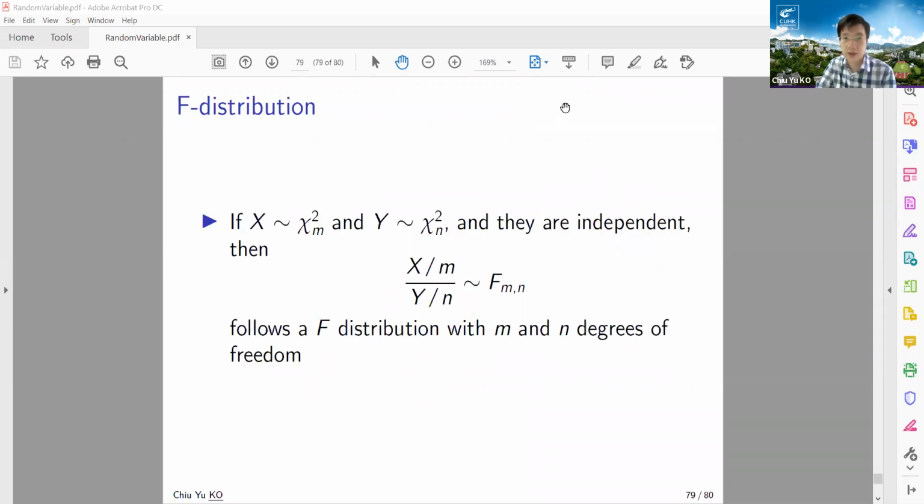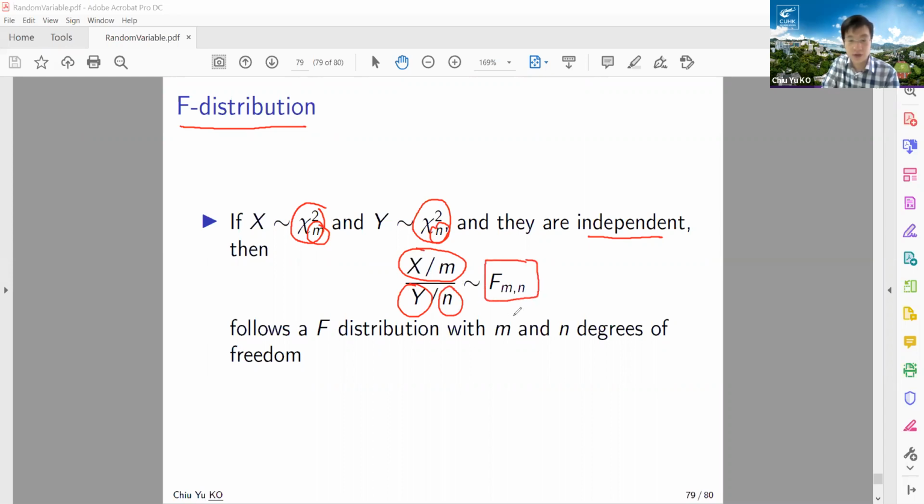And the last one, which is also very important besides t, is called the F distribution. If we have two independent chi-squares, x with m and y with n, and take the ratio, x over m divided by y over n, we will call it the F distribution with degrees of freedom m and n.